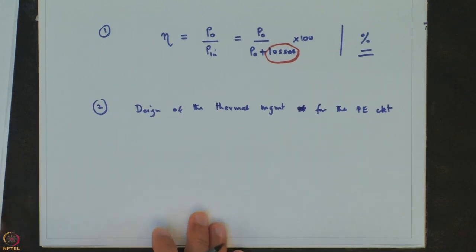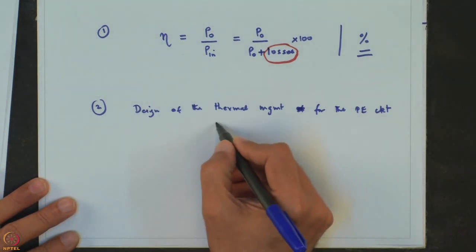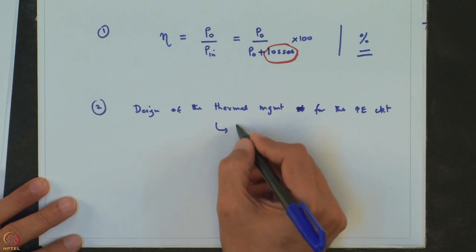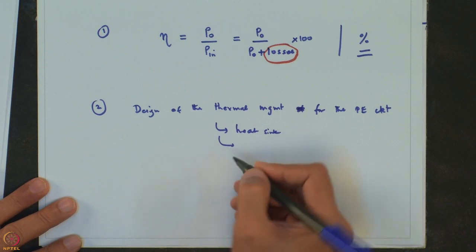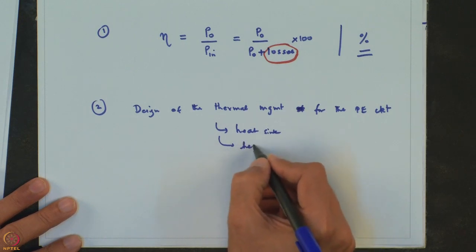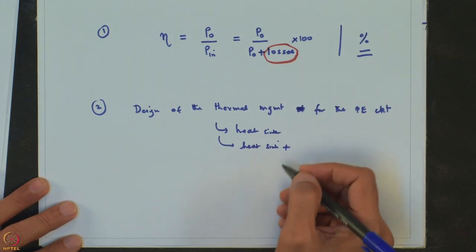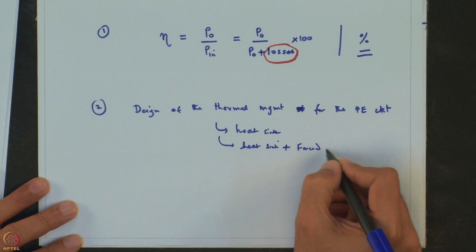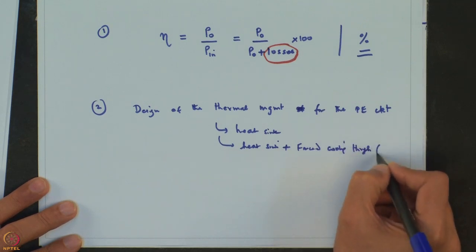Now, the design of the thermal management for a power electronic circuit could simply be trying to design a heat sink, or it could involve a heat sink plus some forced cooling through a fan.